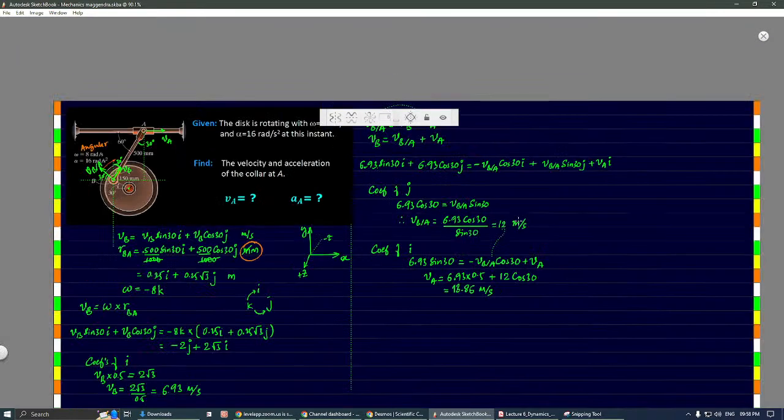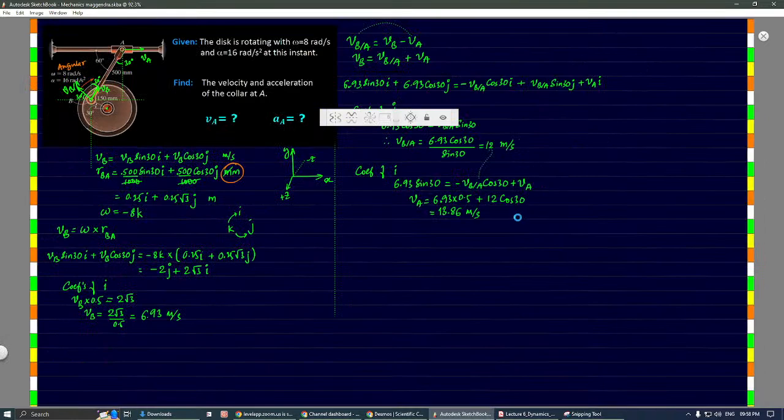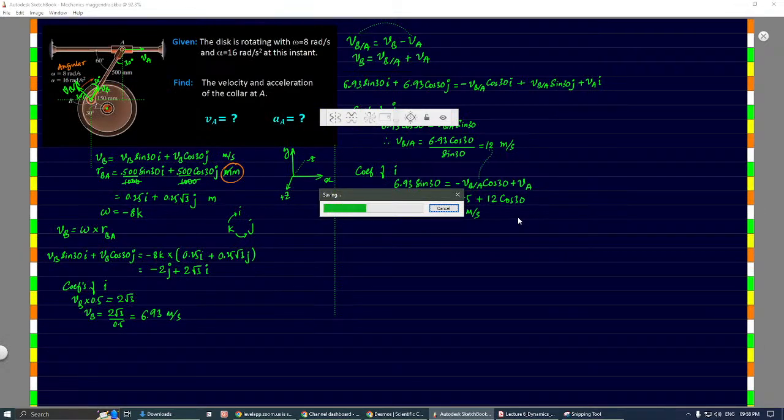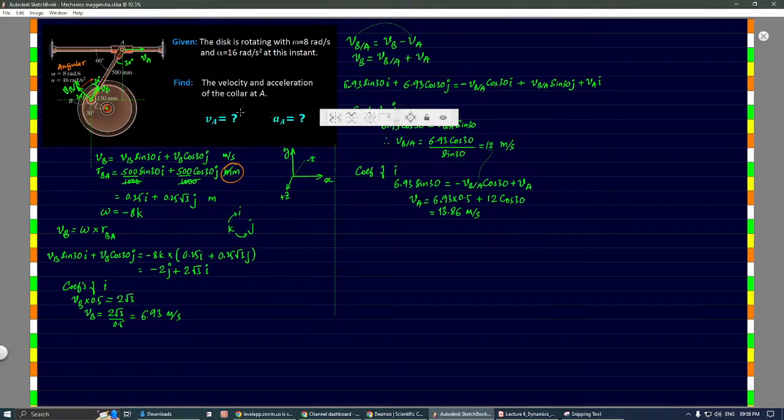Okay, we found all the velocities. Velocity of A, which he had asked, we found it. Now we need to do acceleration. Acceleration is going to be much more complex.